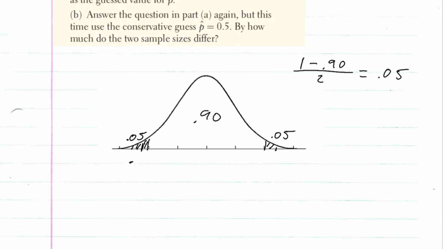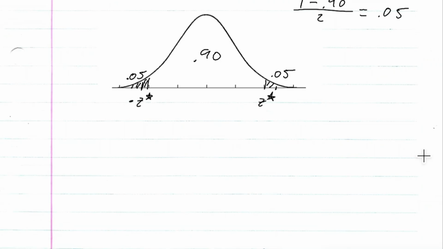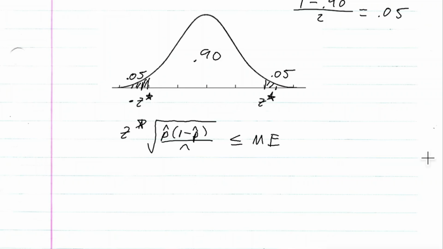Now we've got to find our corresponding z values to go with this, because remember, our inequality goes like this. It was z star times the square root of p hat times 1 minus p hat all over n, is less than or equal to the maximum margin of error, right? So we need to find these corresponding z's. So 0.05.